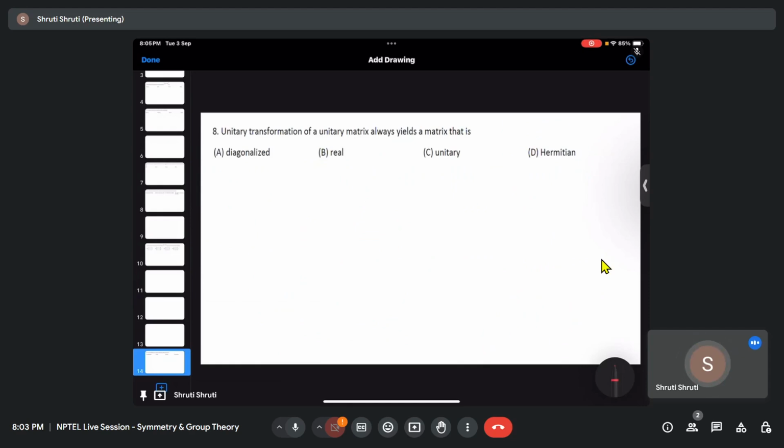This question is about unitary transformation: a unitary transformation of a unitary matrix always yields a matrix that is unitary.